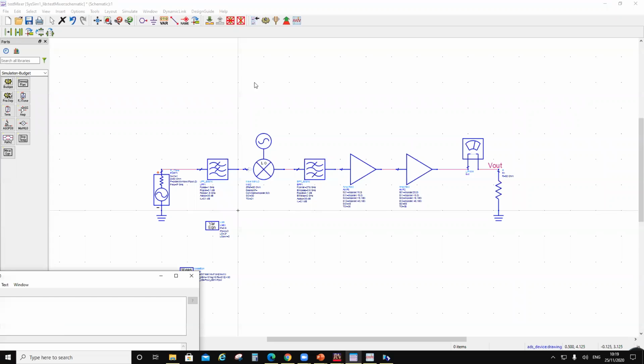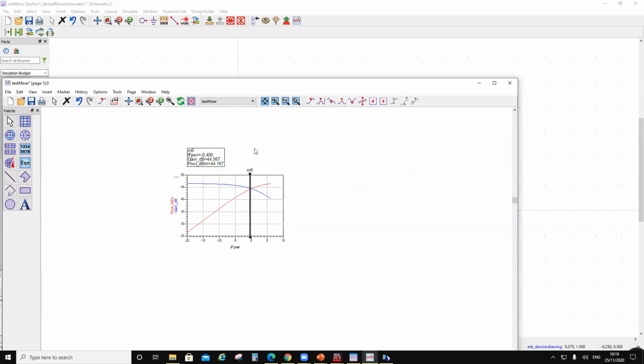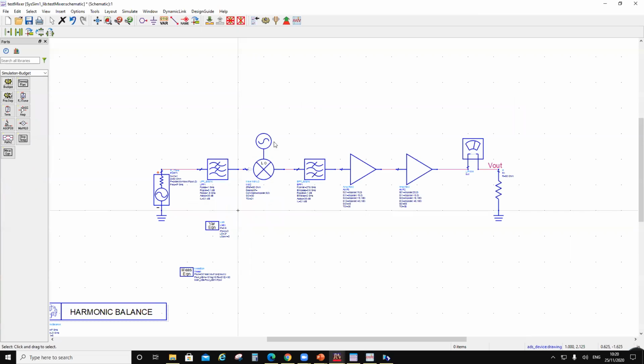So now this should be around 45. 45 point something, 46.4, 45.4, 5.4. So basically over here it is delivering 42. Now it is supposed to deliver 44. So maybe this one is compressing, maybe this one is compressing.